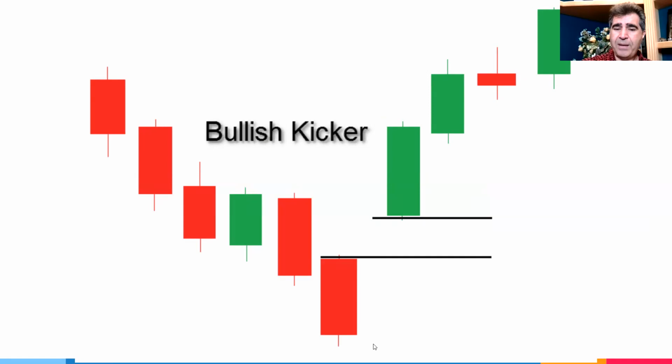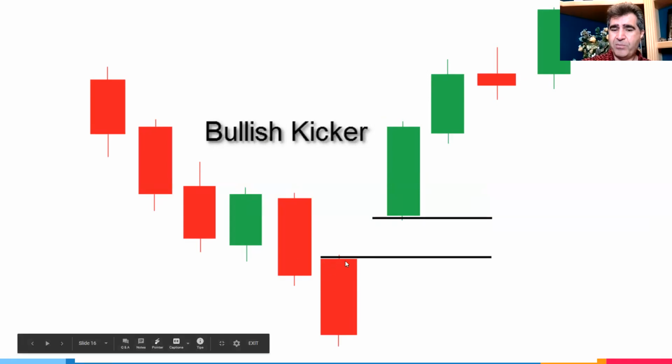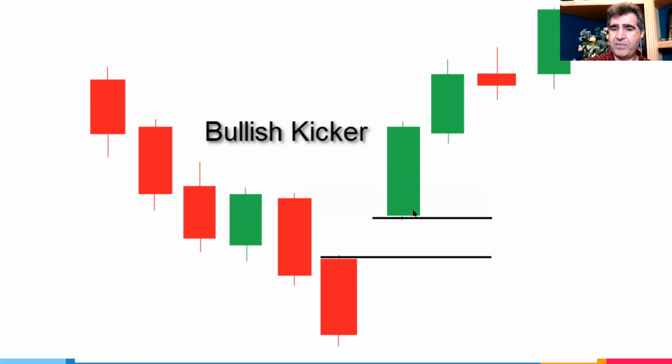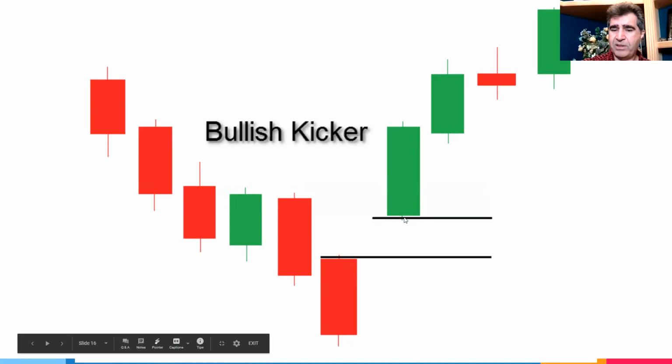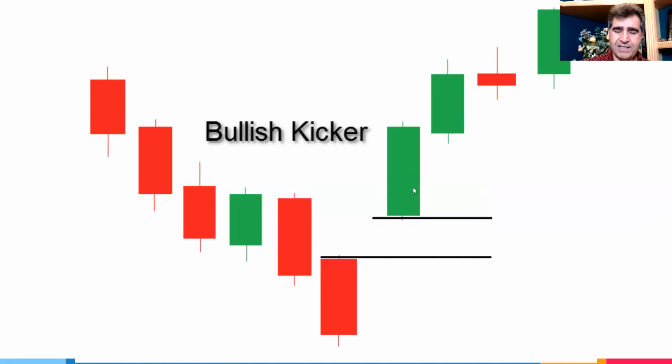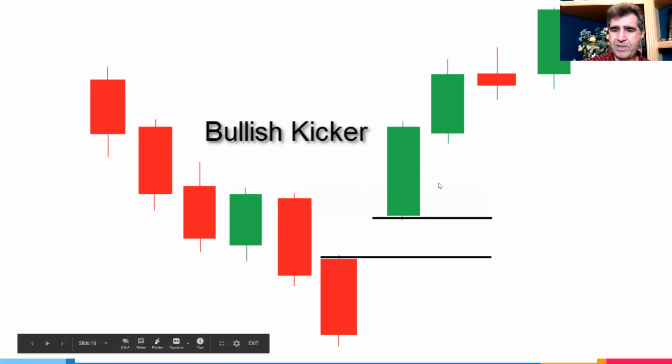After this big candle, where the sellers were in control, it gaps up with a big body, and that tells us there's a reversal with the gap. The larger the gap, the stronger it is, and this is more momentum oriented. So that means the reversal has happened, and that's a good indication.